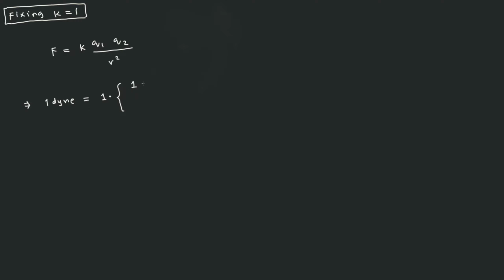So I have to write down that this is 1 statcoulomb, multiplied by the second charge, also exactly 1 statcoulomb, divided by, since we are using the CGS system, a centimeter. So let us have a separation distance of 1 centimeter and then square this.